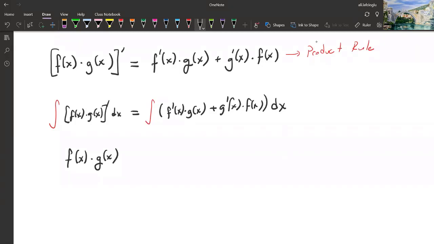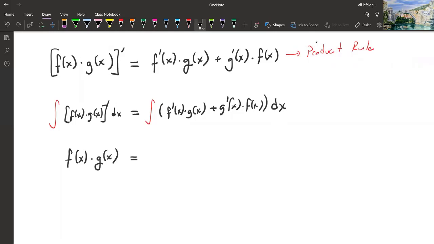You are taking the derivative of f of x times g of x, and when you integrate that derivative, you will get itself. Left-hand side is okay. What about the right-hand side? Using the properties of integral, you may split this integral. We have the sum of two functions, f prime times g plus g prime times f.